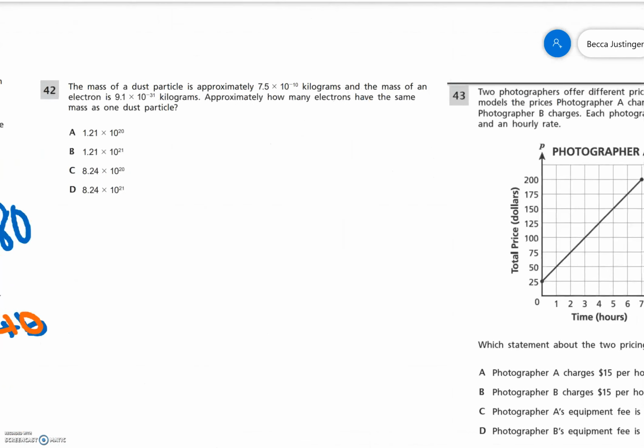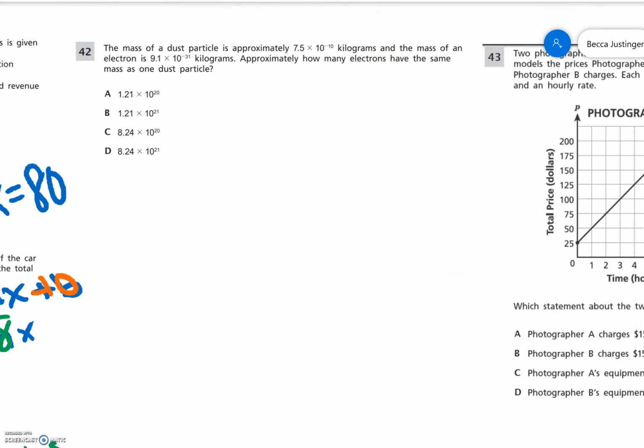Number 42. The mass of a dust particle is approximately 7.5 times 10 to the negative 10th kilograms, and the mass of an electron is 9 times 10 to the negative 31st kilograms. Approximately how many electrons have the same mass as one dust particle?